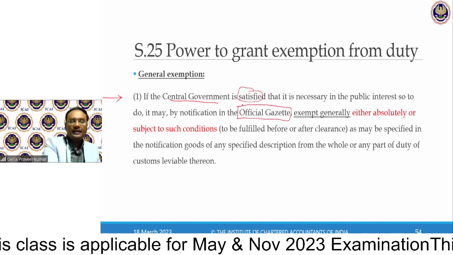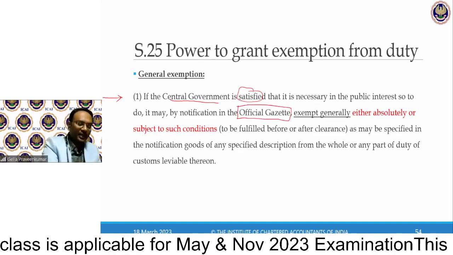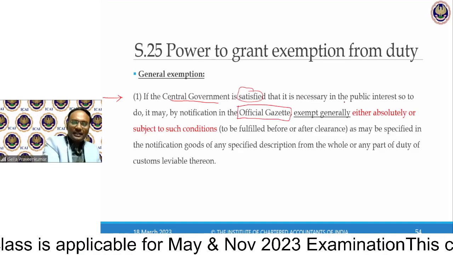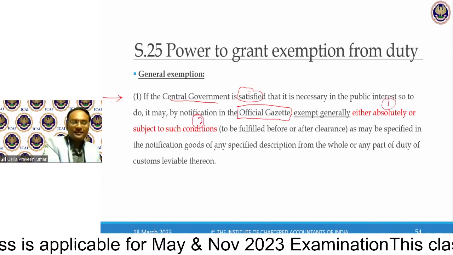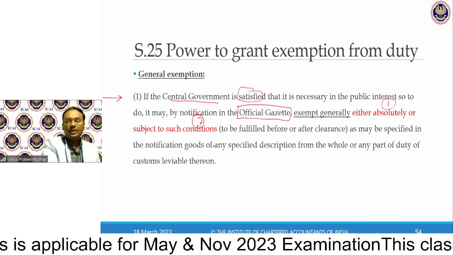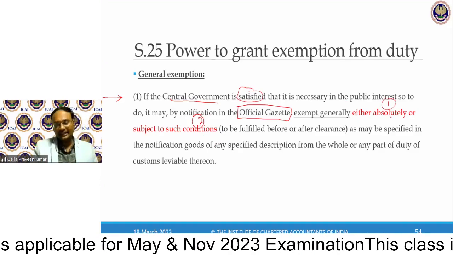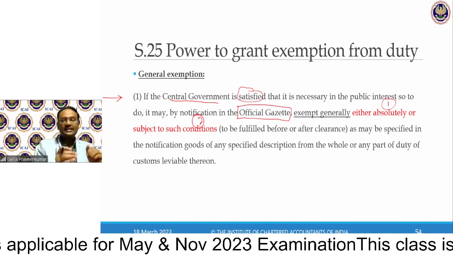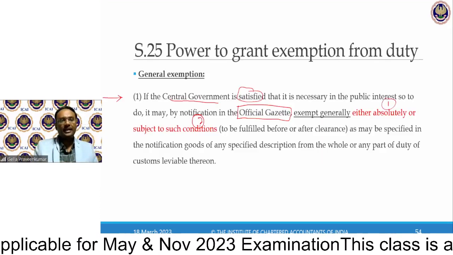To exempt either absolutely, that means free of any conditions, or subject to some conditions. That could be the way a notification is given.